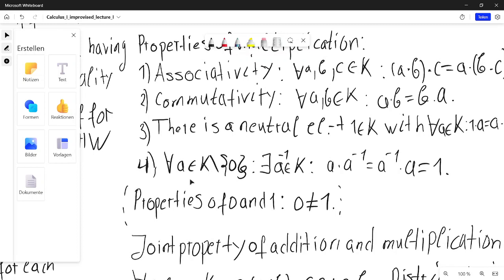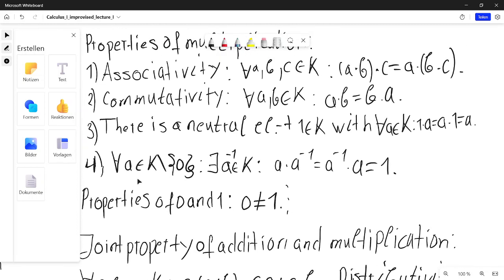No, no, no. It's not derivable. Because what I had in mind was that it somehow states that for 0 it's not the case that there is an inverse element of multiplication, but no, it is not stated here. It was my mistake in interpretation.